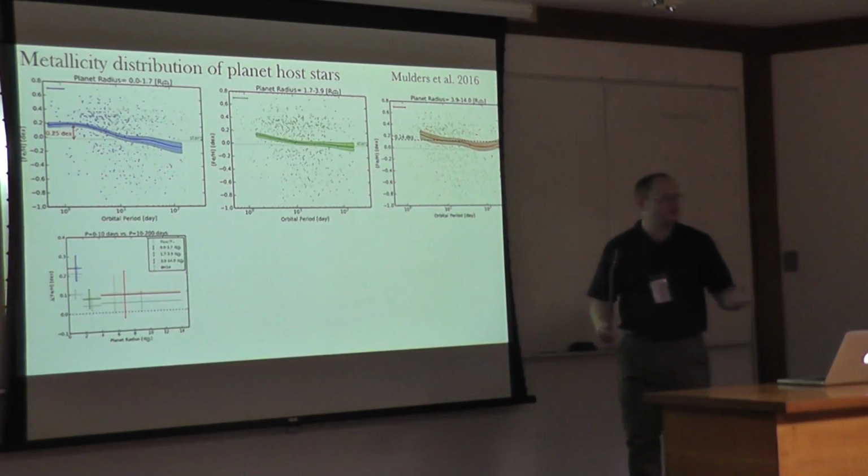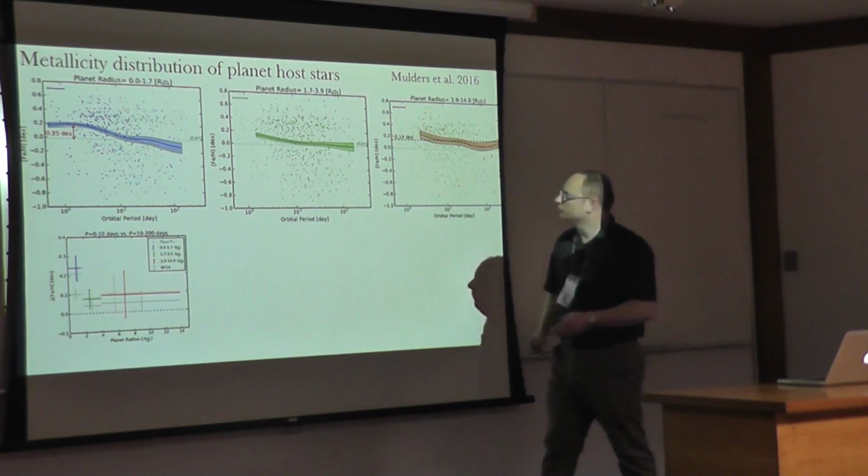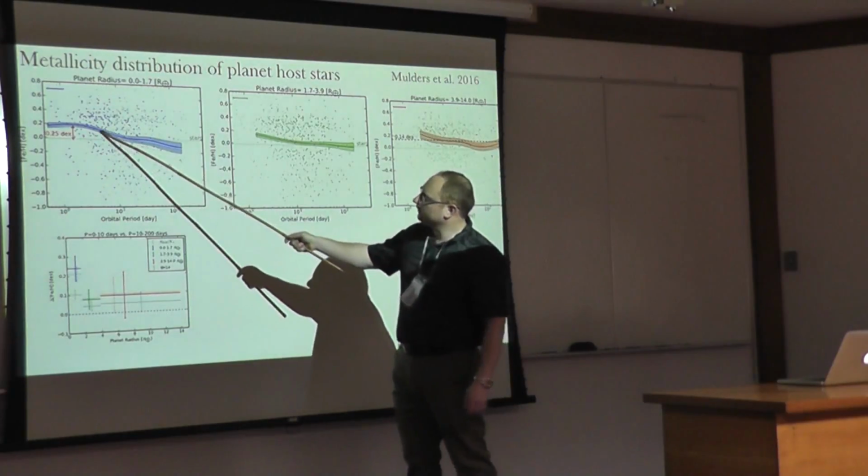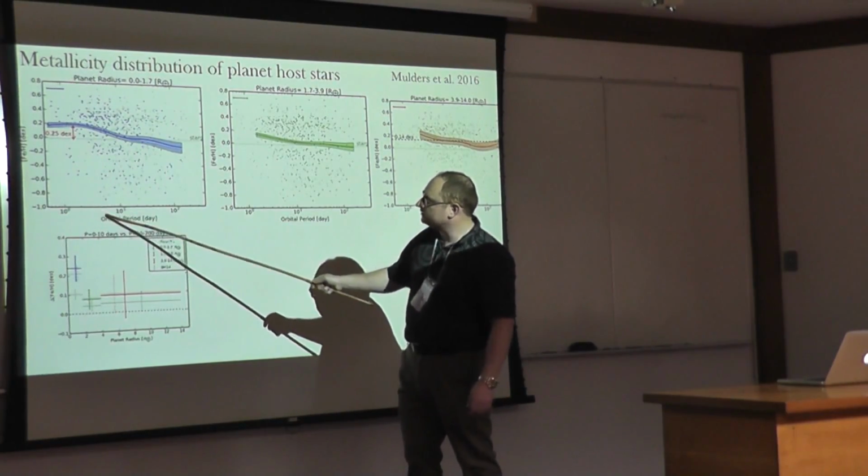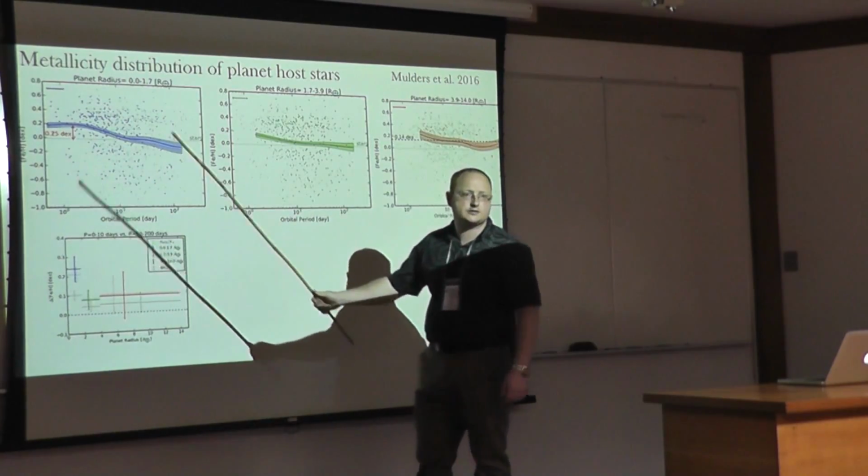These are mostly rocky planets. When we do that, they argue for an increase in metallicity, at least at short periods.